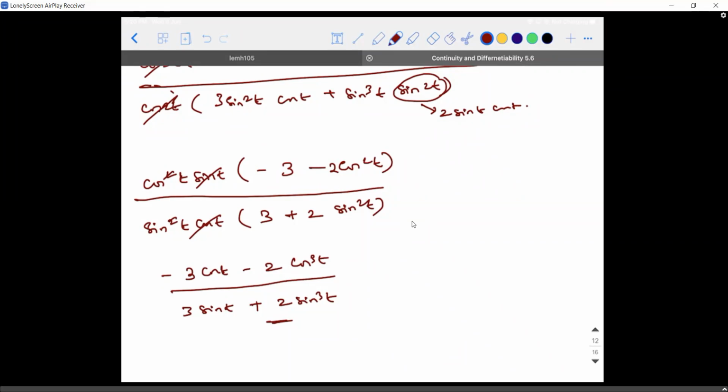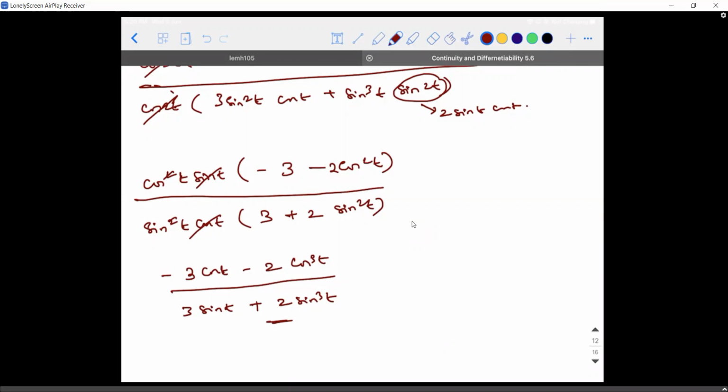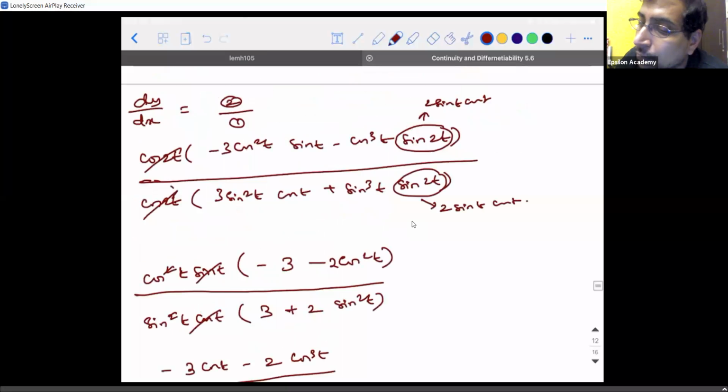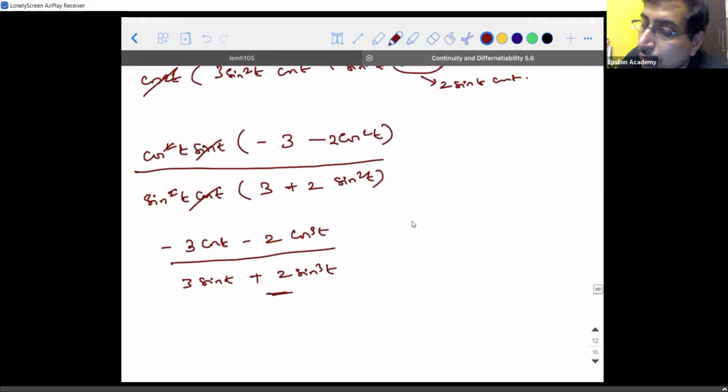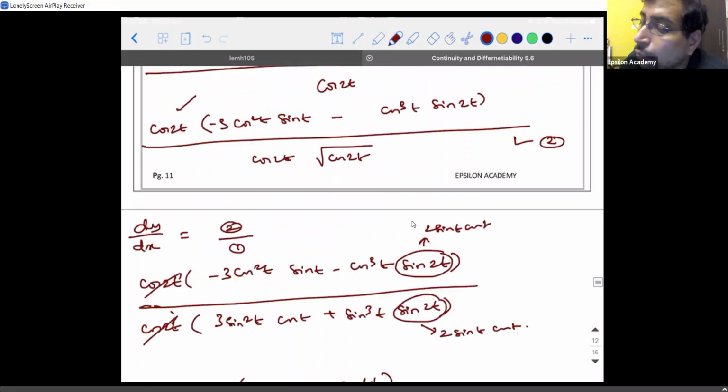Sir, the answer in the textbook is minus cot 3t. Okay, then I should have a 4 somewhere. Minus cot 3t. Yeah, I understand. So wait, then we left some 4 somewhere.